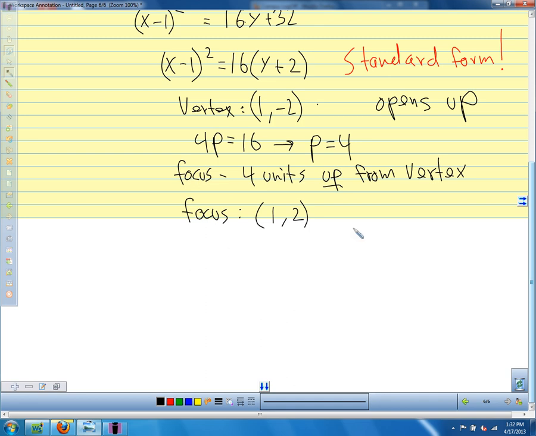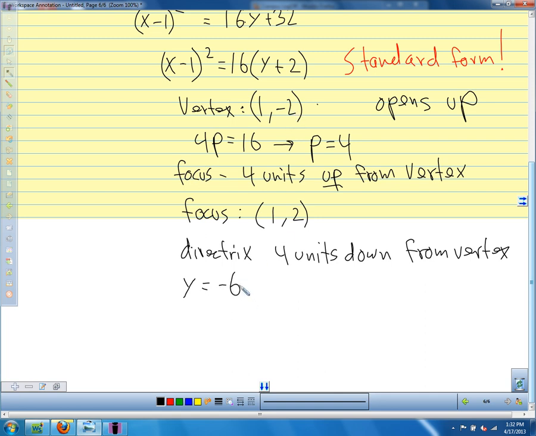The directrix is 4 units down from the vertex. So what line, our directrix is going to be y equals. If I move down 4 units from -2, I get -6. So my directrix is y equals -6.